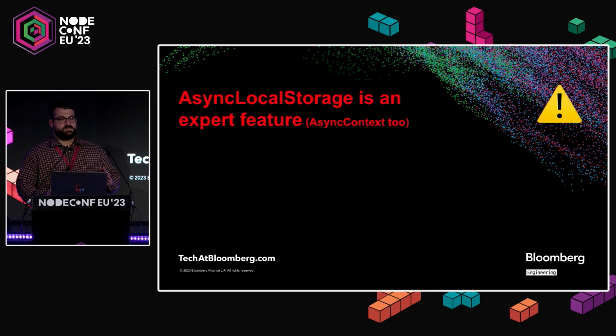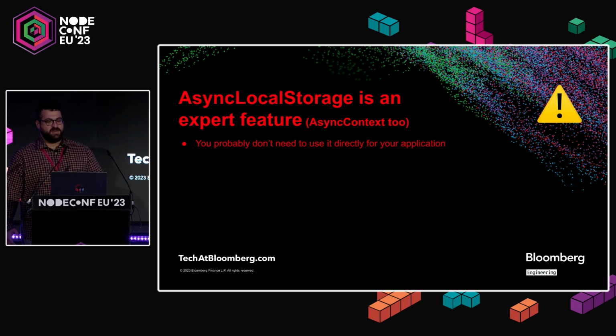So before I go into how this works, I want to caution people to not overuse async local storage. The point of this talk is not to explain, yeah, everyone, make a bunch of async local storage variables and integrate it into your application. You should probably be integrating distributed tracing, maybe OpenTelemetry into your application. But async local storage is more of an expert feature.